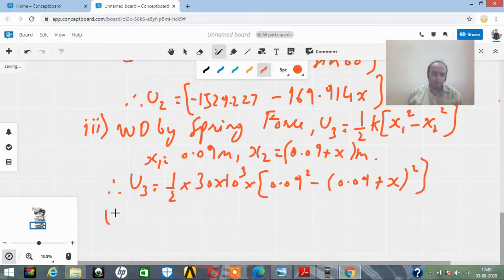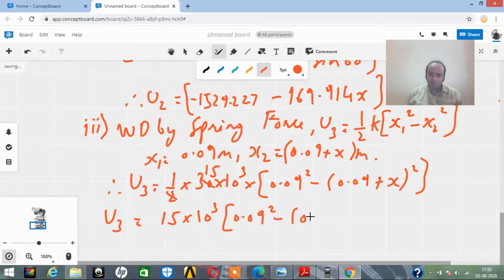Going ahead, 2 ones are 2, so 15 into 10 raised to 3 into (0.09 square minus (0.09 square plus 2 into 0.09 into x plus x square)).